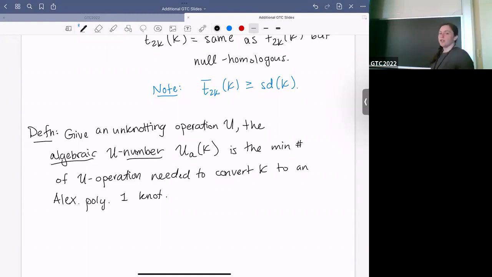So if your unknotting operation is a crossing change, then the algebraic crossing change number is really the algebraic unknotting number. Okay, if you're looking at untwisting, then the algebraic untwisting number, things like that.